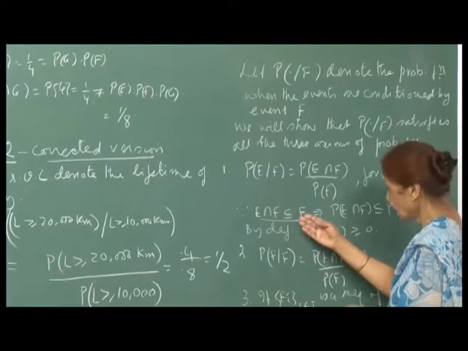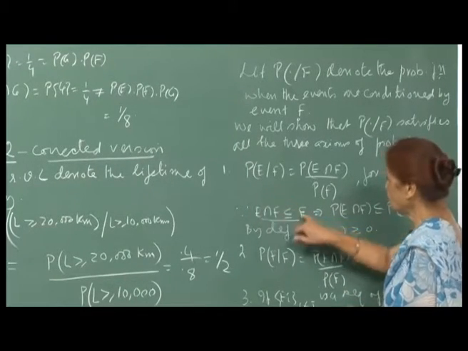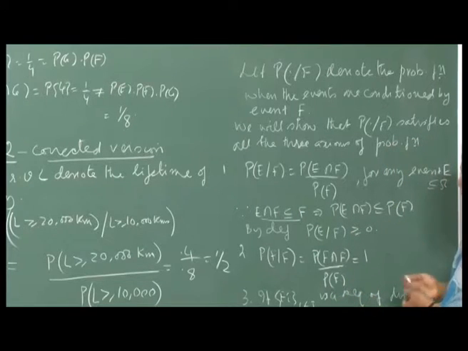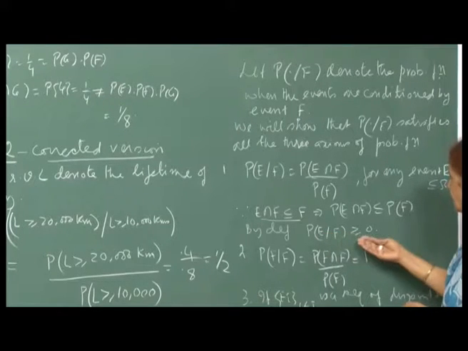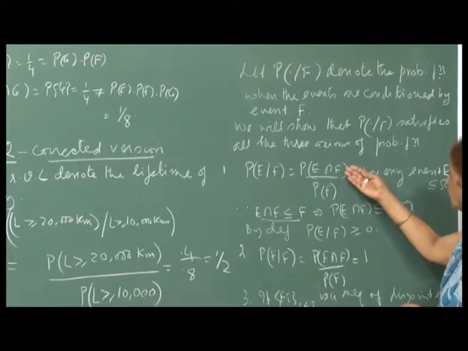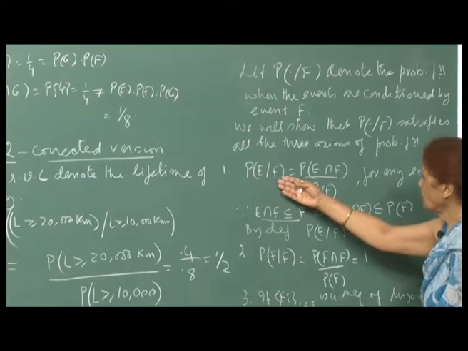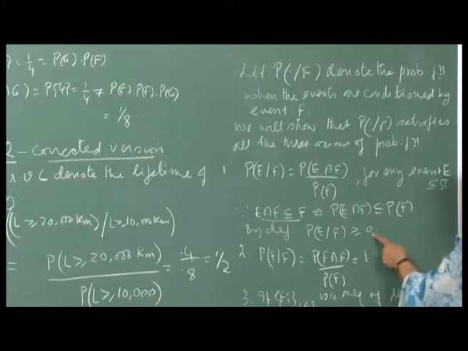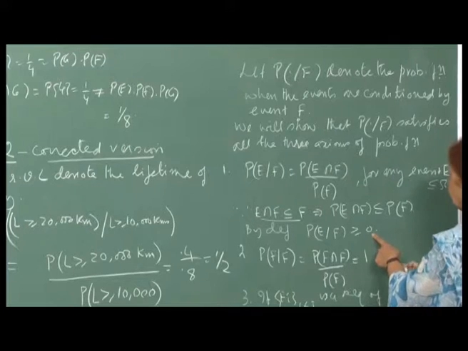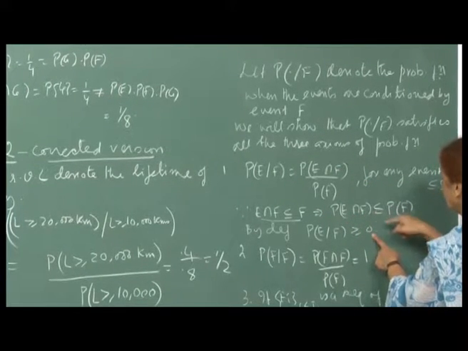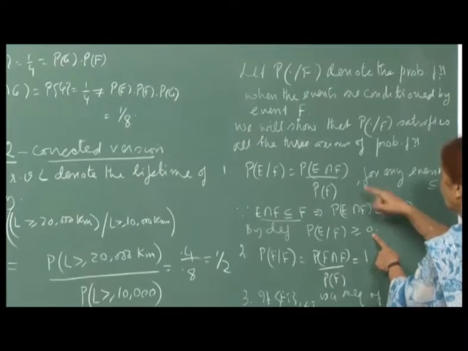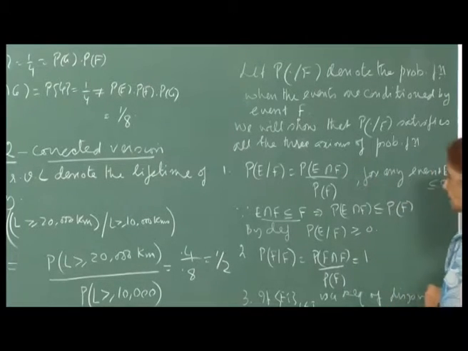This we could easily show. By definition, the probability of E conditioned on F is non-negative. Because the probability of E intersection F is less than the probability of F, dividing gives something less than 1, and it is non-negative. So, the first axiom is satisfied.